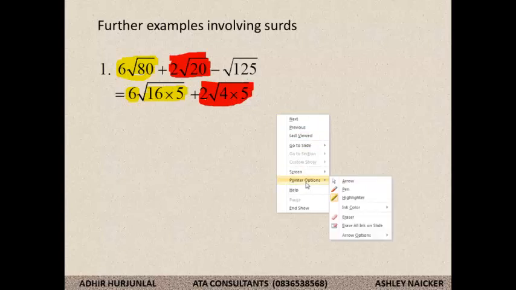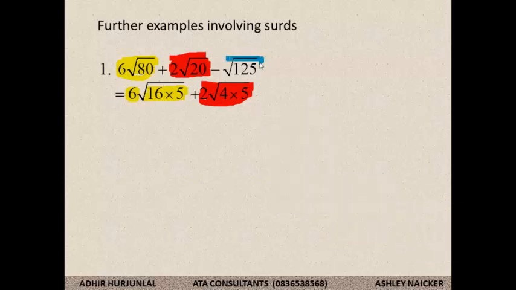And if I go further, you will find that I'll be dealing with the square root of 125. This is easy because it's minus the square root of 25 times 5. Now each one over here gave me the next step, as my colors are suggesting.